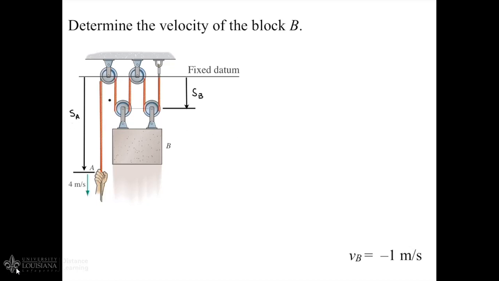In order to total the vertical length of the cord, we have S sub A plus 1, 2, 3, 4 S sub B equaling L. Taking its time derivative, we have the relationship between the velocities. V of A is equal to 4 meters per second positive, and when we solve for V of B, we get our result, minus 1 meters per second. So the block is rising.